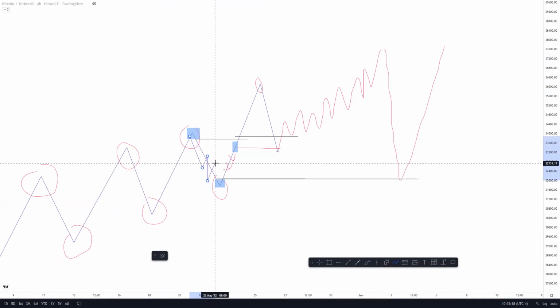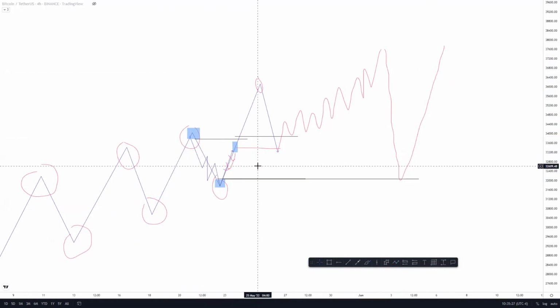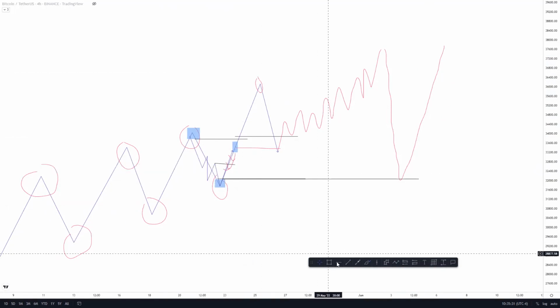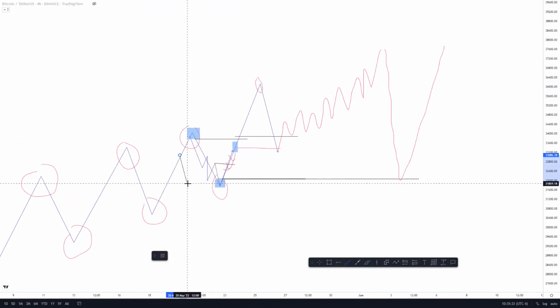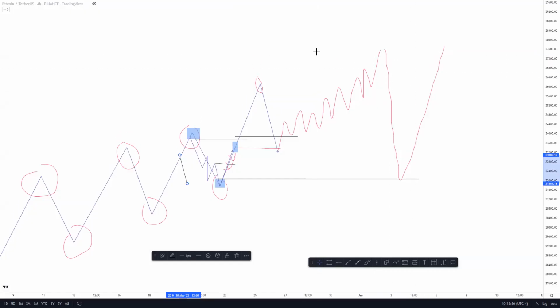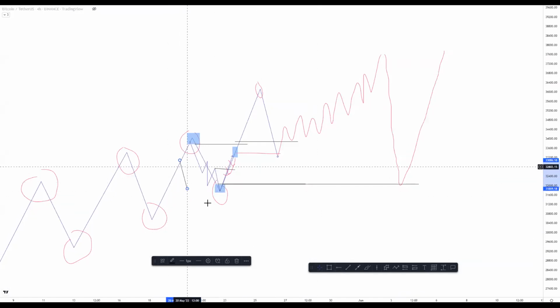So you see price made lower low, lower high, lower low, higher high. Okay, this lower low and price made higher high. So this can be a QM candle as well, or this candle can also be a sponsor candle. What I mean by sponsor candle is those candles which have taken out liquidity from the previous range.